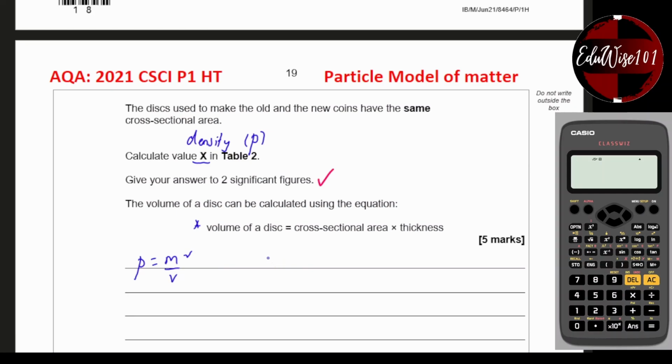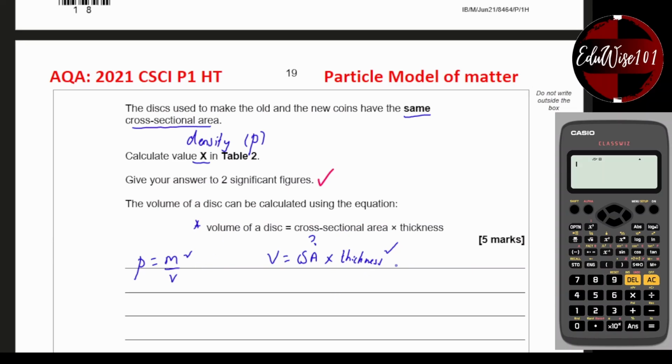Volume of disk is cross-sectional area multiplied by the thickness. Now, they have given us a clue here in this first statement. The disk used to make the old and the new coins have the same cross-sectional area. So they have given us the thickness for the new coin. I need to find the cross-sectional area here so I can work out the volume for the new penny.